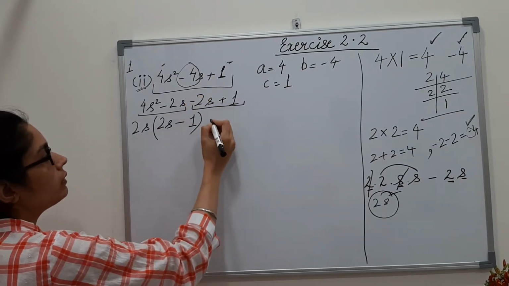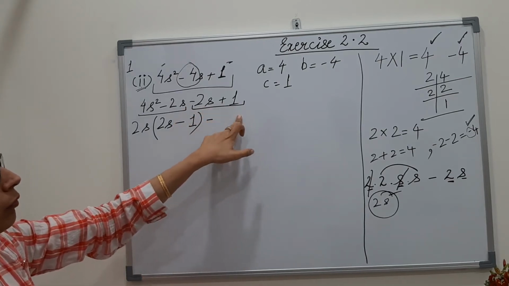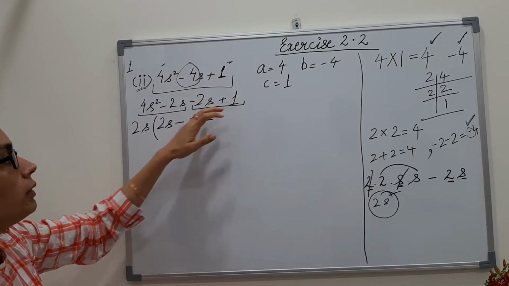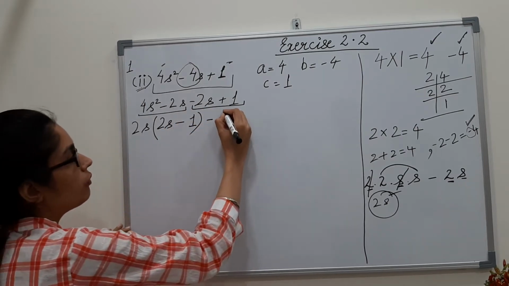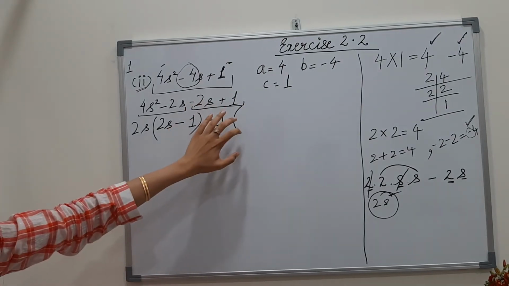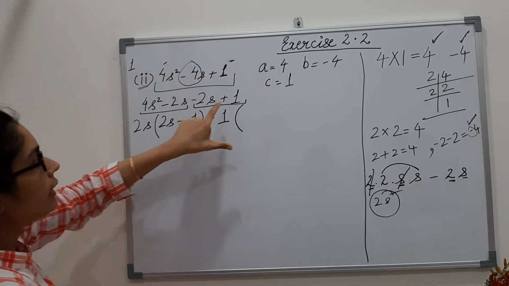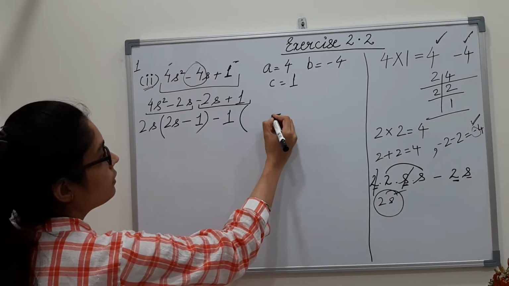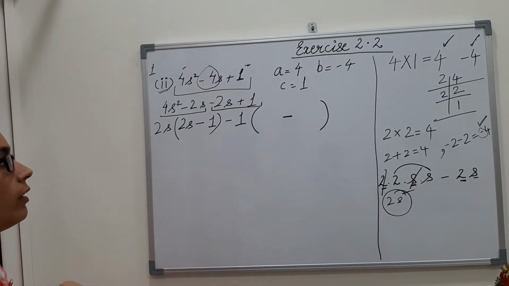Now this minus I will write as it is. This 2s plus 1 we cannot write in a simpler form because nothing is common. If nothing is common, that means only 1 can be written outside. 1 is common. Whenever we write minus outside, the inside sign will always change, so I will write that first so that I won't forget it later.